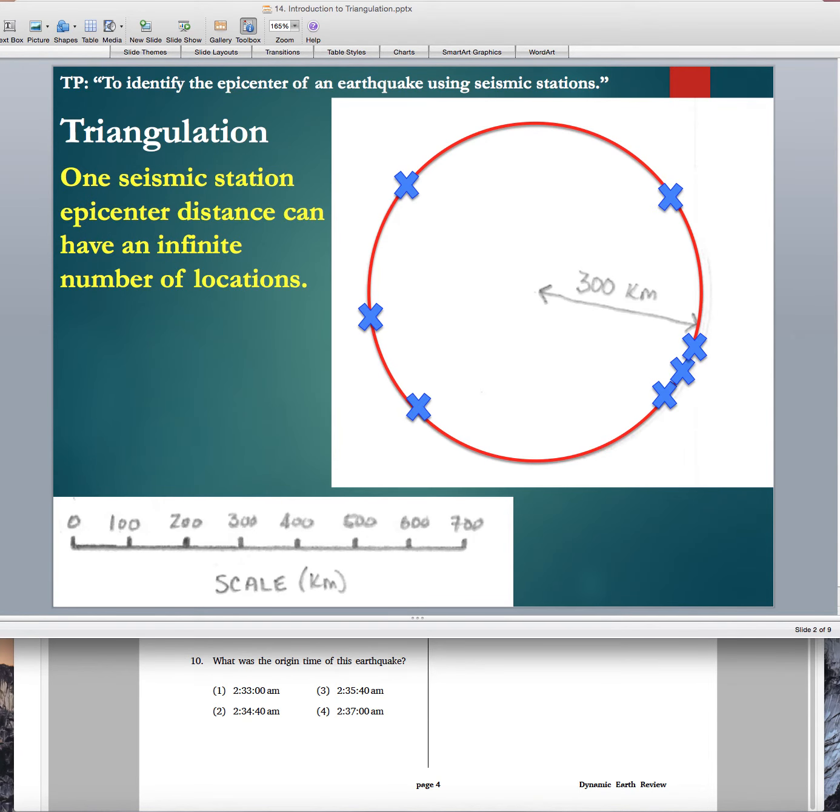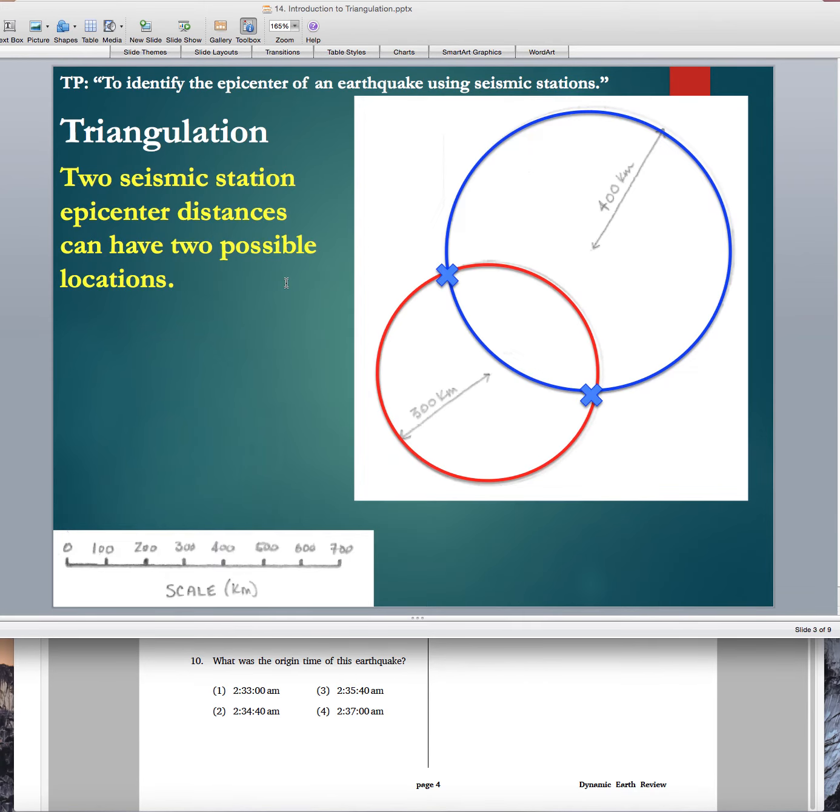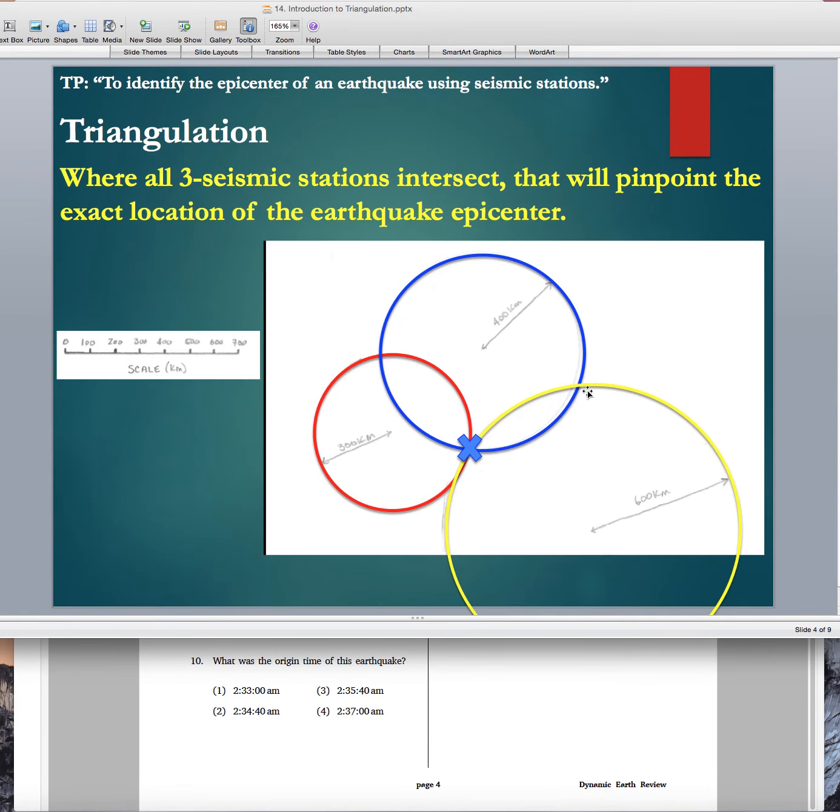If we have 1 station, we have an infinite number of locations. We can have 1, 2, 3, 4, 5, 6, 7, and you can make as many X's as you can. If we have 2 stations, it's going to intersect at 2 spots. Your third station is going to pinpoint that location, my epicenter, at the point where all 3 circles intersect.